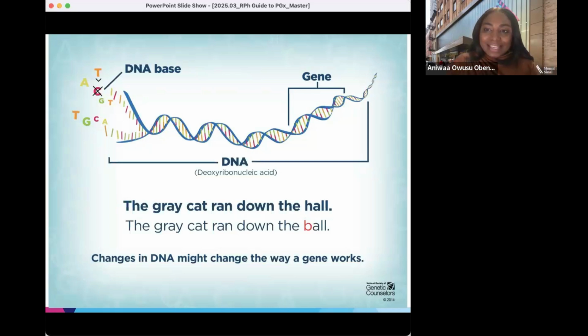So there could be a single change of a single nucleotide, which can change the resultant meaning of the protein. So here, when it says the gray cat ran down the ball, it's a very different meaning from the gray cat running down the hall. This is just to give you an example of what these changes in the DNA could result in.